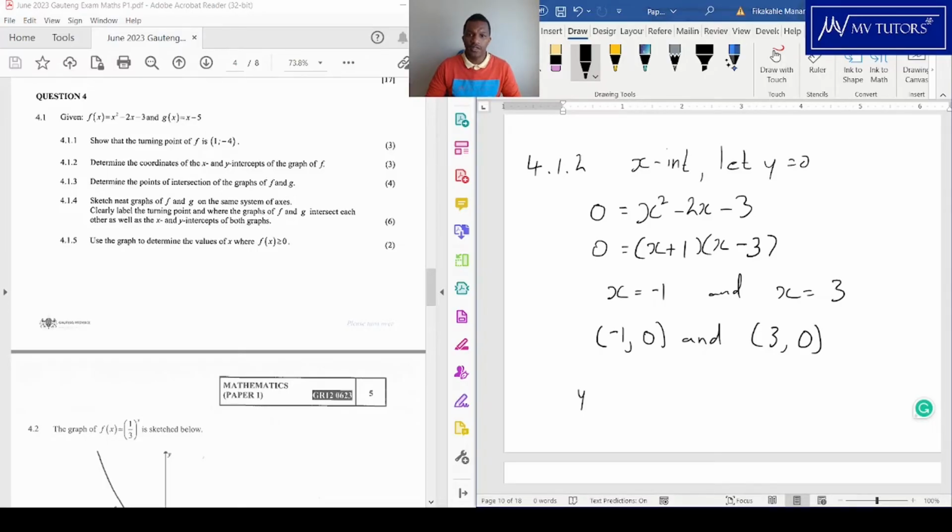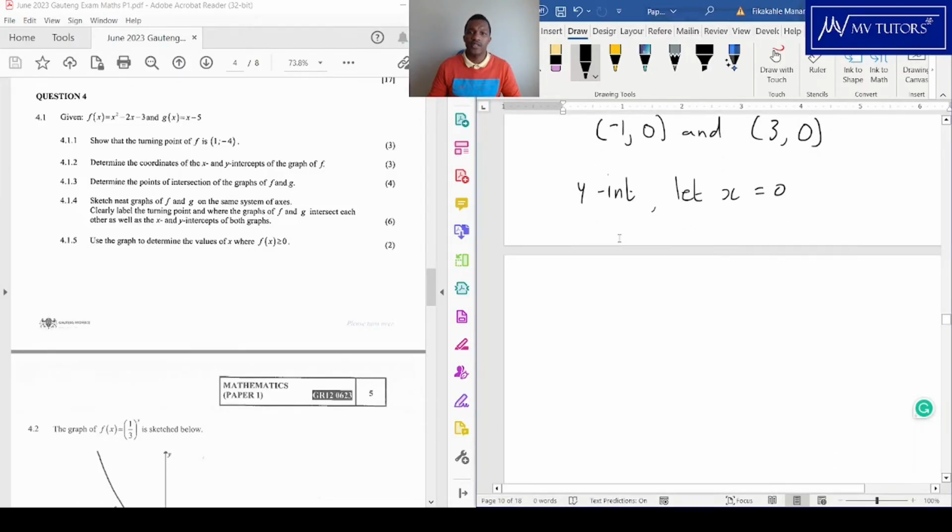Now to find the y-intercept, always say let x equal 0. Once again, our equation is y equals x squared minus 2x minus 3, and this time we're letting x equal 0, so we'll have 0 squared minus 2 times 0 minus 3, which means it's minus 3.